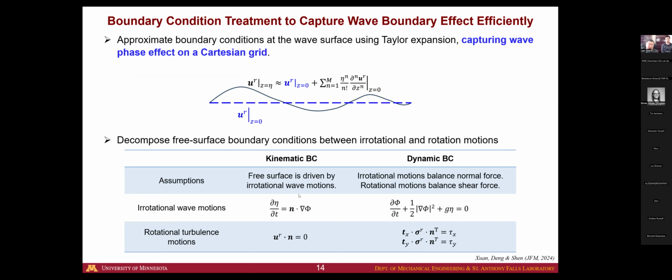Basically, we let the wave be in charge of the surface elevation evolution and the surface-normal direction of the dynamic boundary condition. For shear stress, we let the rotational part be responsible, which is reasonable.